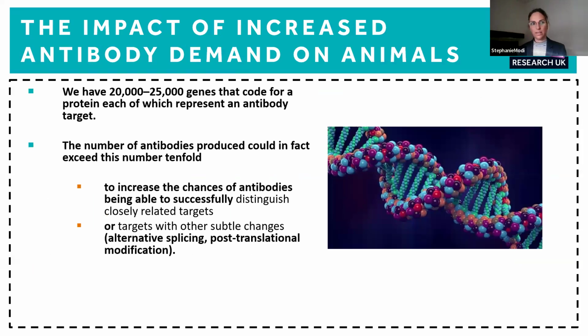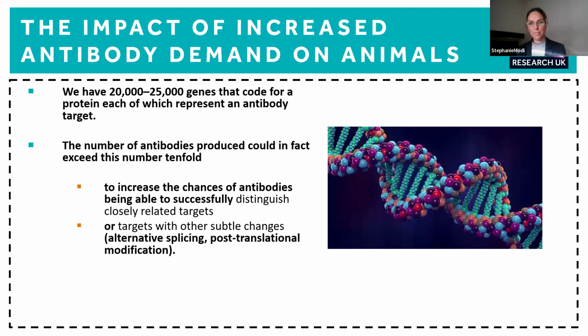And why is it growing? Well, we have about 20 to 25,000 genes, and each of these genes codes for a protein. And each of these proteins could potentially represent an antibody target. But the number of antibodies that we're actually producing, or that the suppliers are producing, could actually exceed this tenfold.